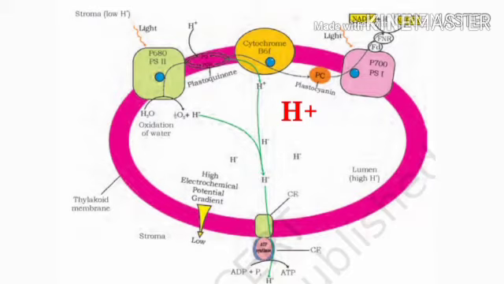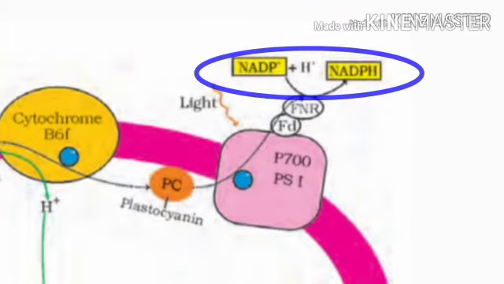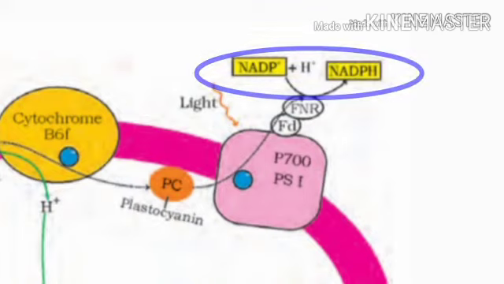And the next step, when the electron from PS1 reduces NADP+ to NADPH using the NADP reductase enzyme, they use the hydrogen ions present in the stroma.